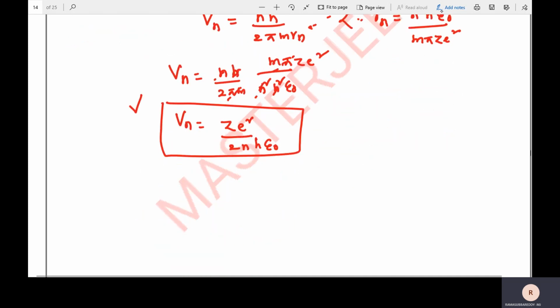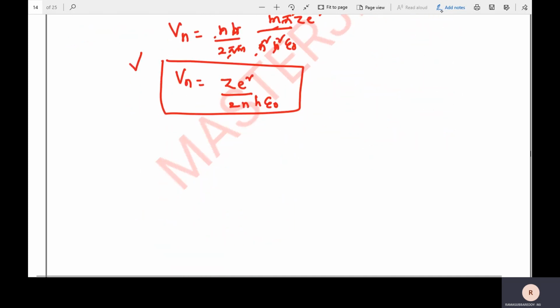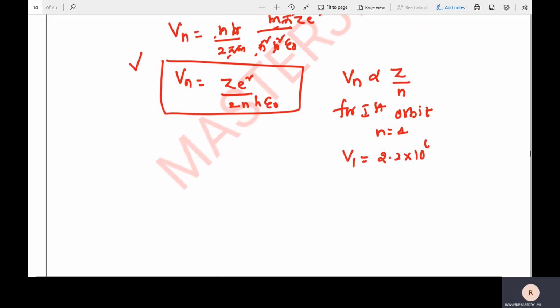Very, very important relation. It means our velocity for the nth orbit depends on Z and n. For the first orbit, n is equal to 1. Our v1 is equal to, Z is also 1, e is the charge, we will get v1 is 2.2 into 10 to the power of 6 meter per second.